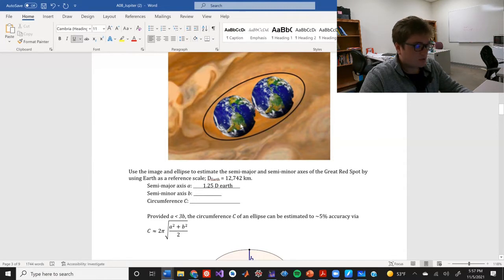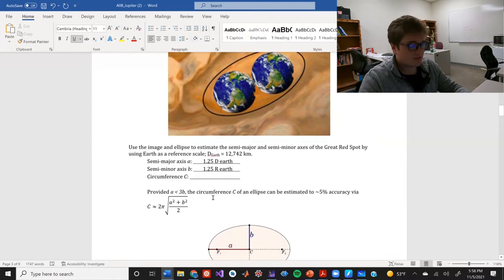So it's a little bit more than one Earth radius, but not quite 1.5. So again, a nice estimation would be 1.25 radius of the Earth. And as I said before, you can easily get the radius because the radius is just half the Earth diameter.